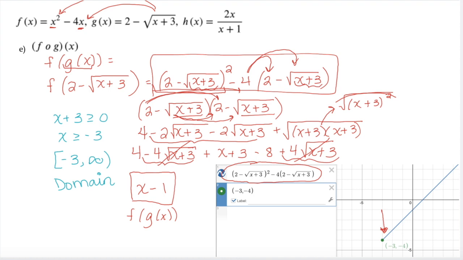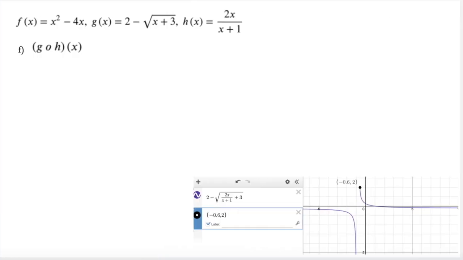Let's have another example on slide 5. This time we are going to work at g of h of x. So this is the same as g of h of x. So I'm going to substitute into my g function whatever h is.